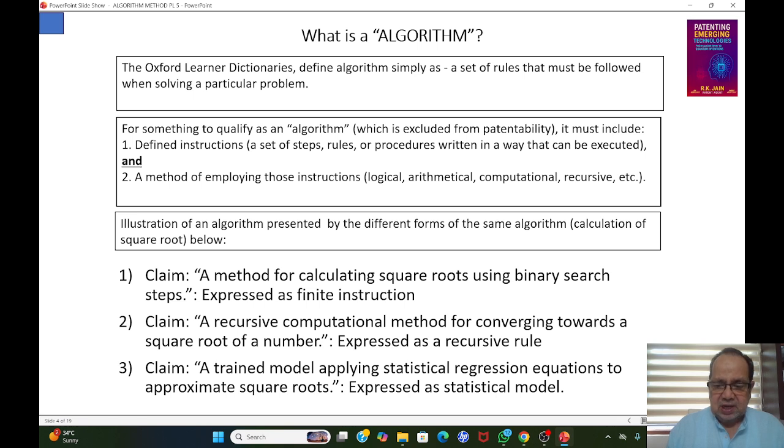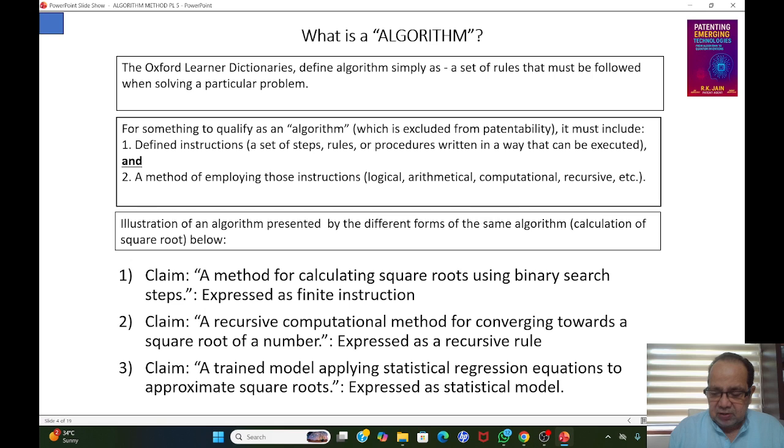At a slightly higher level, when you want to use some kind of recursive rule, then the claim could be expressed as a recursive computational method for converging towards the square root. And at a more sophisticated level, when you want to find the square root using a statistical model, you see the illustration of claim 3 here, a trained model applying a statistical regression equation.